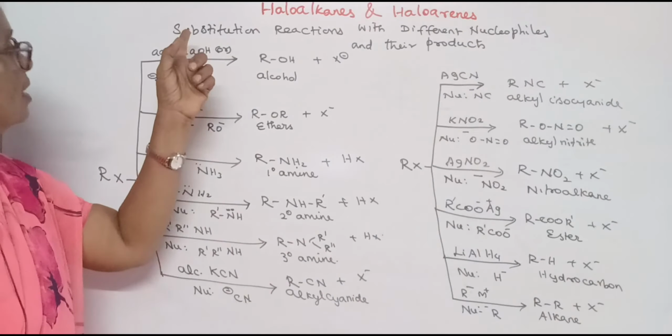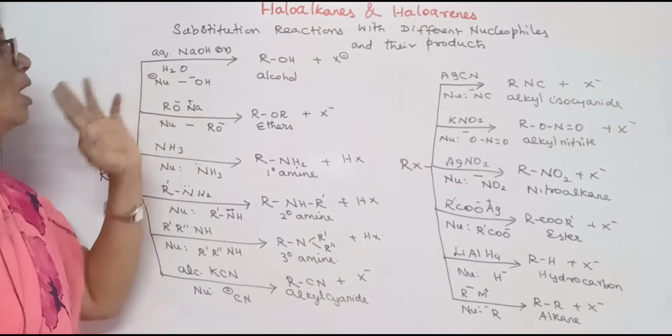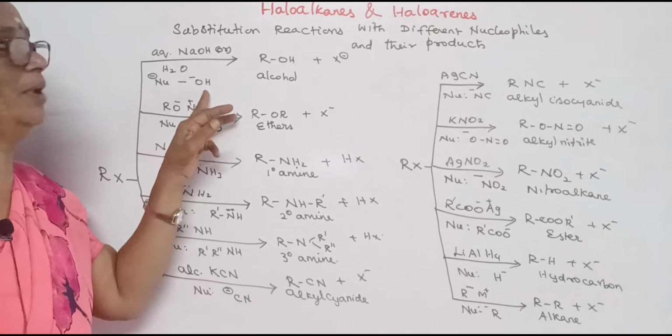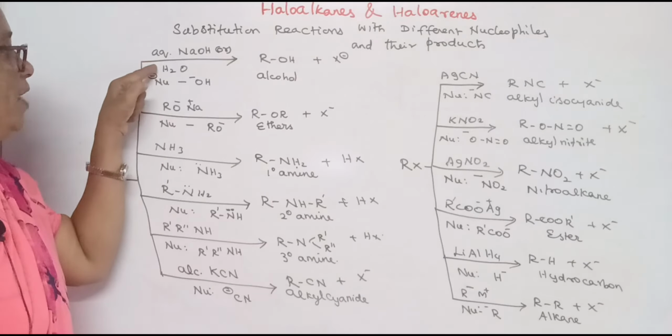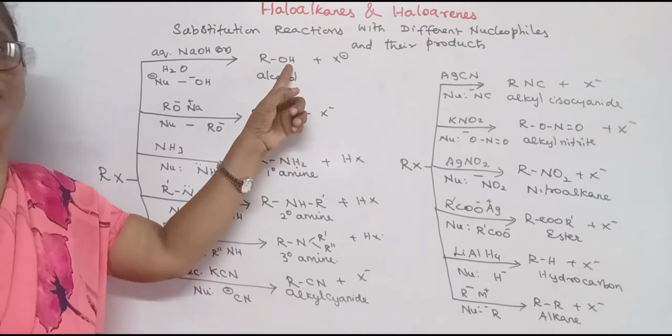If the reagent is aqueous sodium hydroxide or water, in the case of sodium hydroxide, the nucleophile becomes OH minus. In the case of water, it behaves as a neutral nucleophile from which the OH will be added.